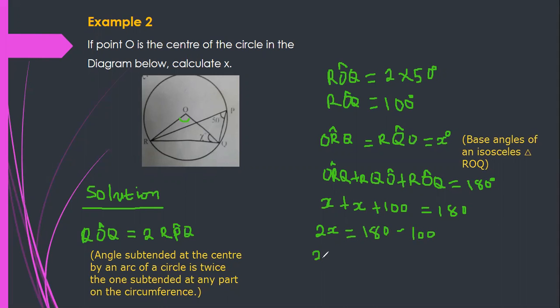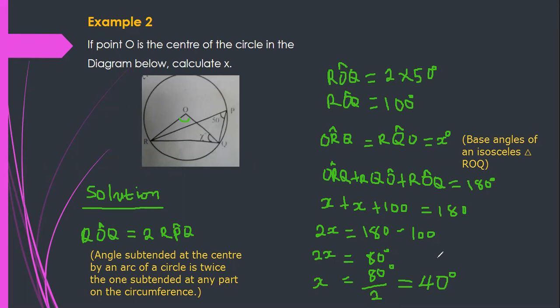So we have 2x equal to 80 degrees. Then dividing both sides by 2, we have x equal to 80 degrees divided by 2, so we have 40 degrees. So the value of our angle x is 40 degrees.